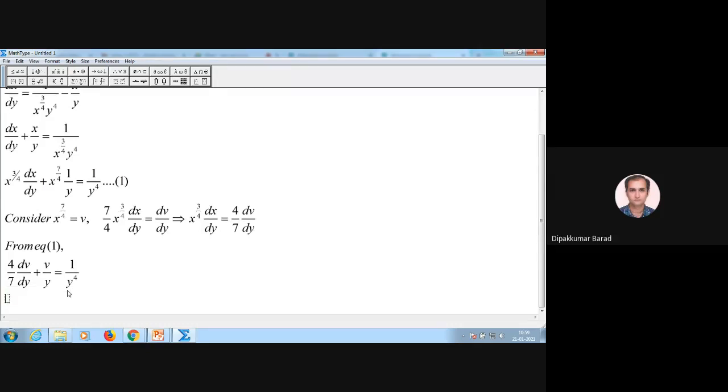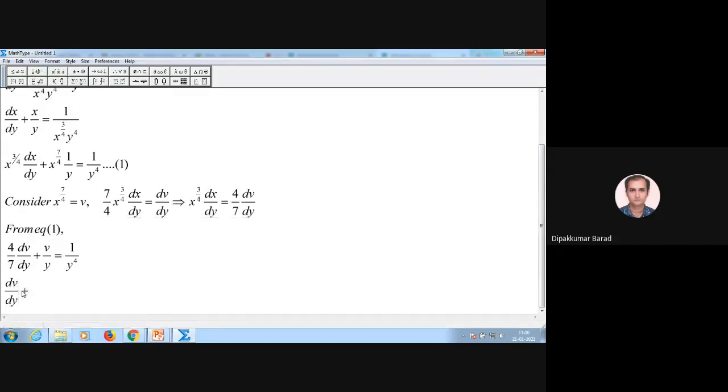Then we have to multiply it with 7 by 4. So I get dv by dy plus 7 by 4 into v by y is equal to 7 by 4 into 1 upon y raised to 4.